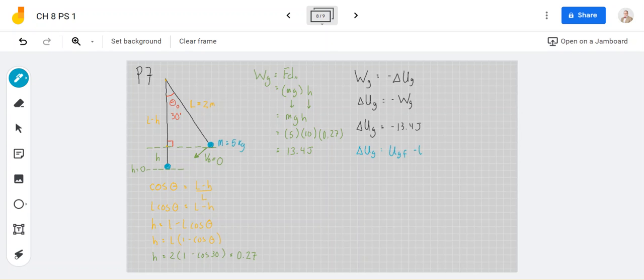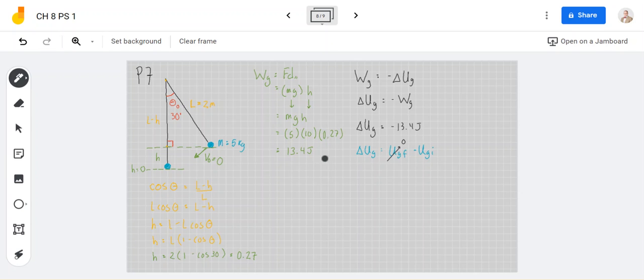Final minus initial. So what it's saying is we want this to be equal to 0. So let this go to 0. That means the change is equal to the final. Oh, that's a total lie. That's not what it's saying. Actually, it's the final that's 0. That was weird.